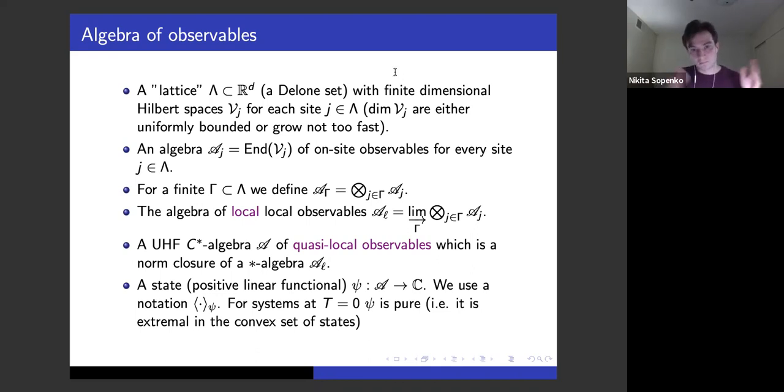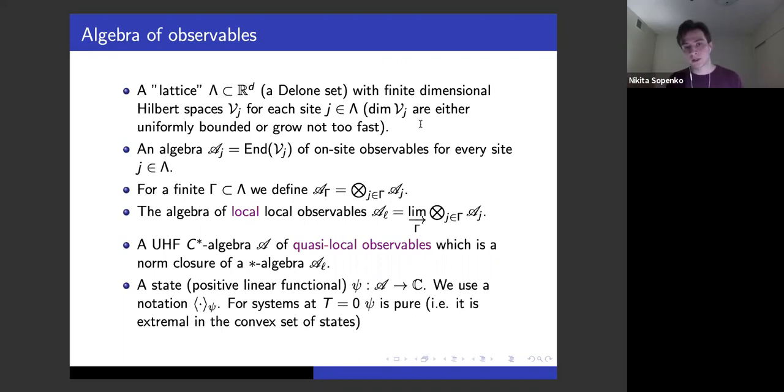We have a natural algebra on this system. So we have the algebra of on-site observables, just the endomorphisms of this Hilbert space. And for any finite subset, we can consider the tensor product of such algebras and consider the colimit of all such algebras, which is the algebra of local observables. So they have some finite support in this algebra.